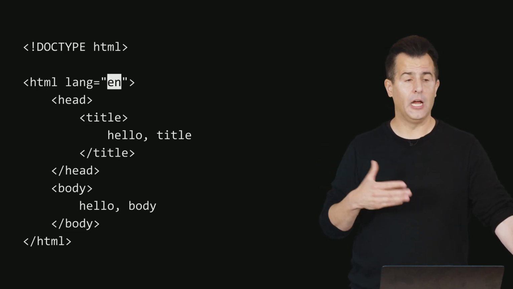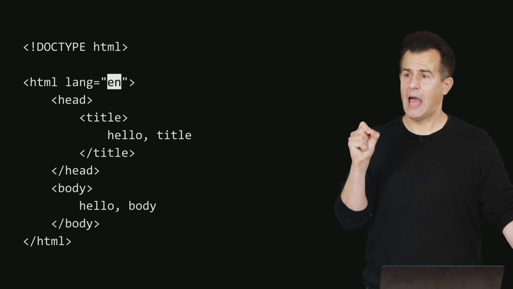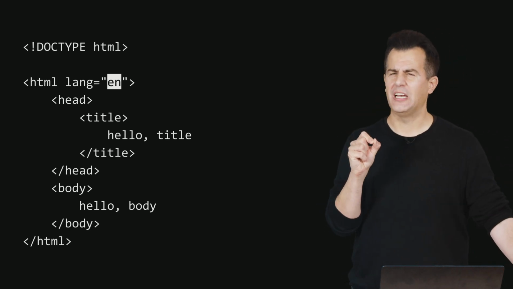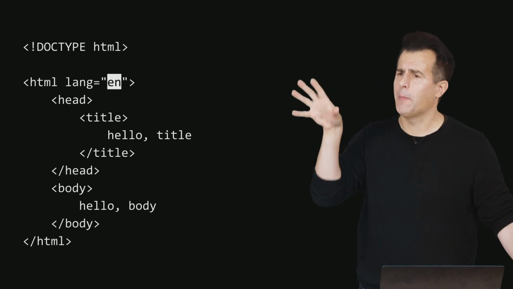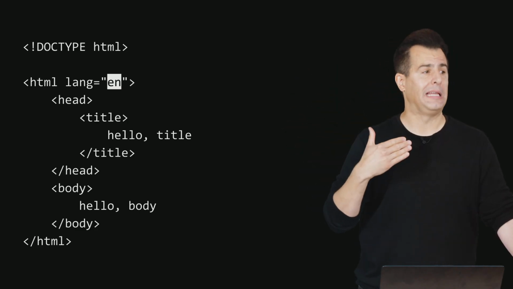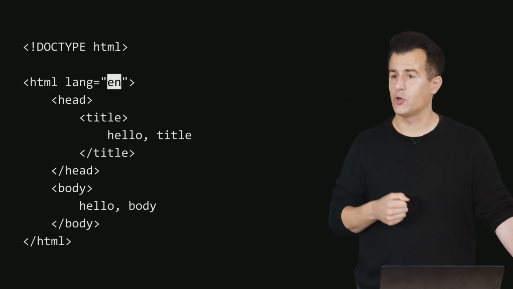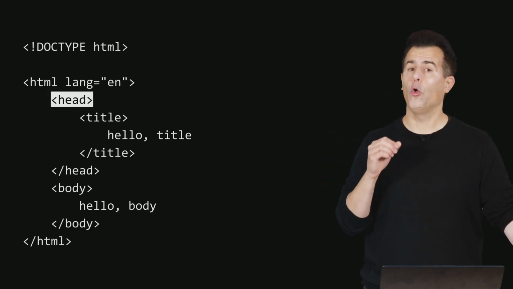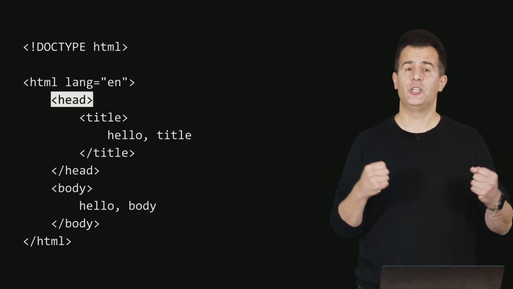Hello title and hello body. And the en attribute value here, so to speak, is just like a clue to the browser that in case you've got Google Translate or any kind of automatic translation, this is a little hint as to what the human language is to facilitate automatic translation or search engine optimization, SEO, or the like. But that whole thing started the HTML page.